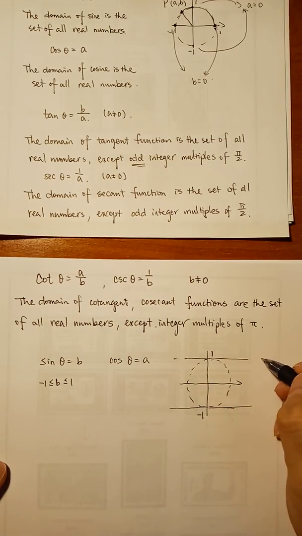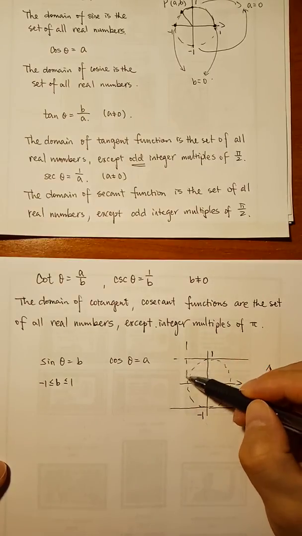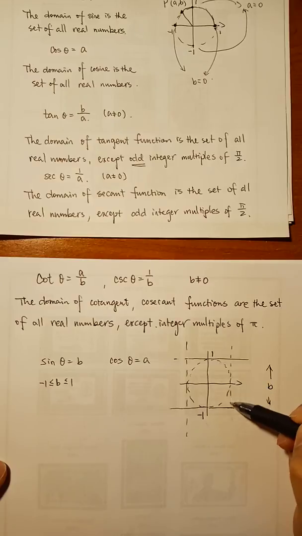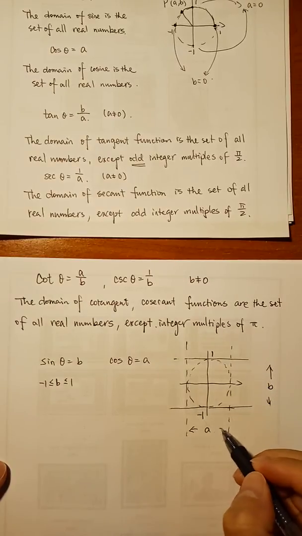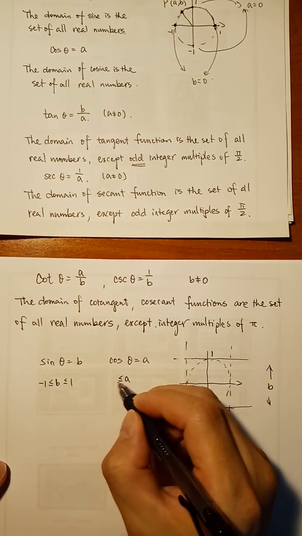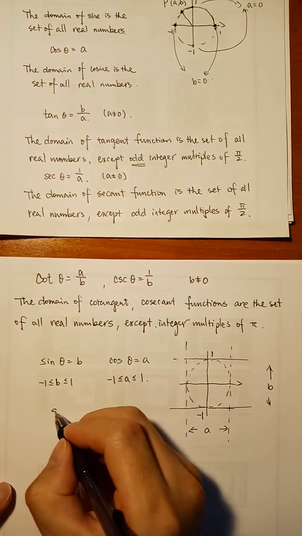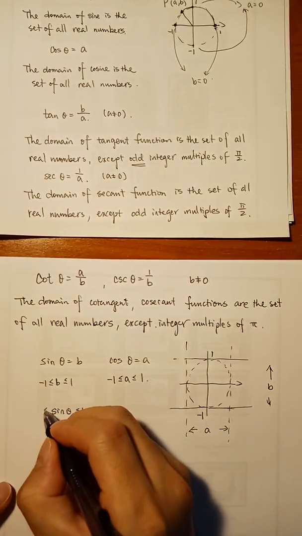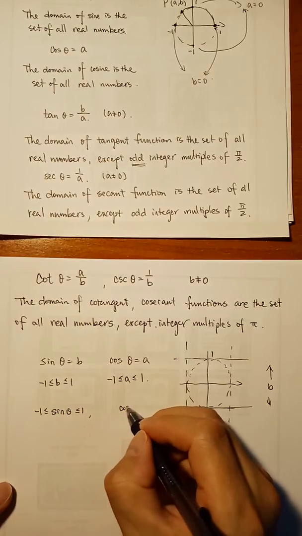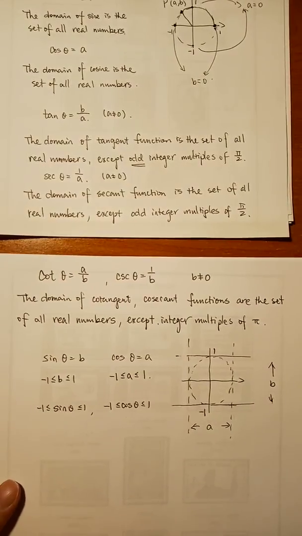This is for b, the y part. And a is a horizontal distance, so this is for a. a is at the most 1, at least -1. Okay, so this is the range of sine and cosine. If you want to write it, the sine of theta is between -1 and +1, and the cosine of theta is between -1 and +1.